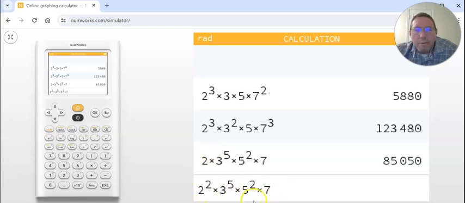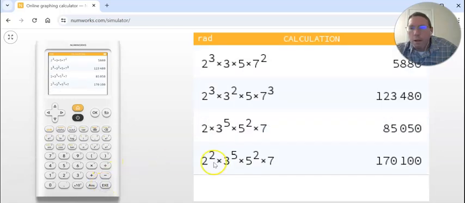So really, this is going to be the exact same thing as this, except multiplied by 2. We're multiplying by 1 more 2, and in multiplying by 1 more 2, all we're really doing is doubling 85,050. So let's see if it's double this.